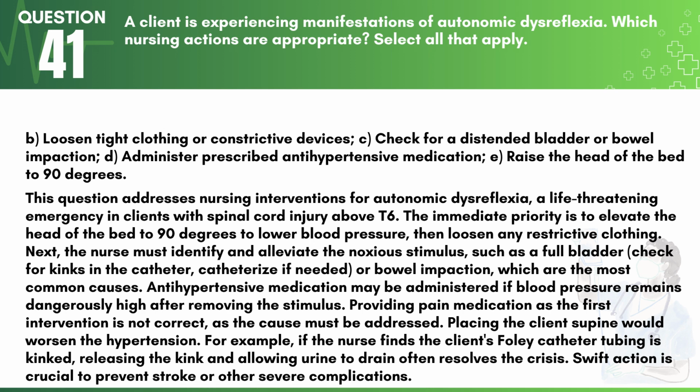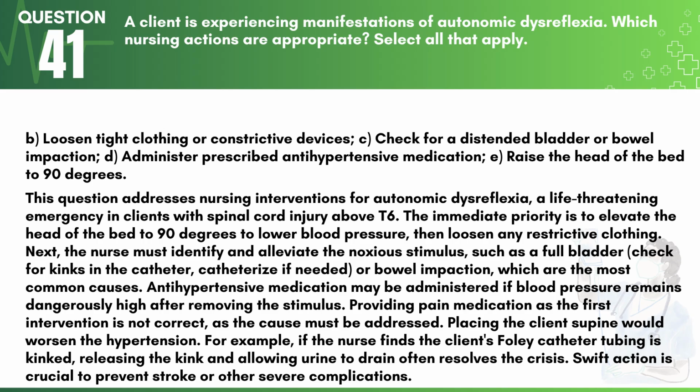The immediate priority is to elevate the head of the bed to 90 degrees to lower blood pressure, then loosen any restrictive clothing. Next, the nurse must identify and alleviate the noxious stimulus, such as a full bladder, check for kinks in the catheter, catheterize if needed, or bowel impaction, which are the most common causes.